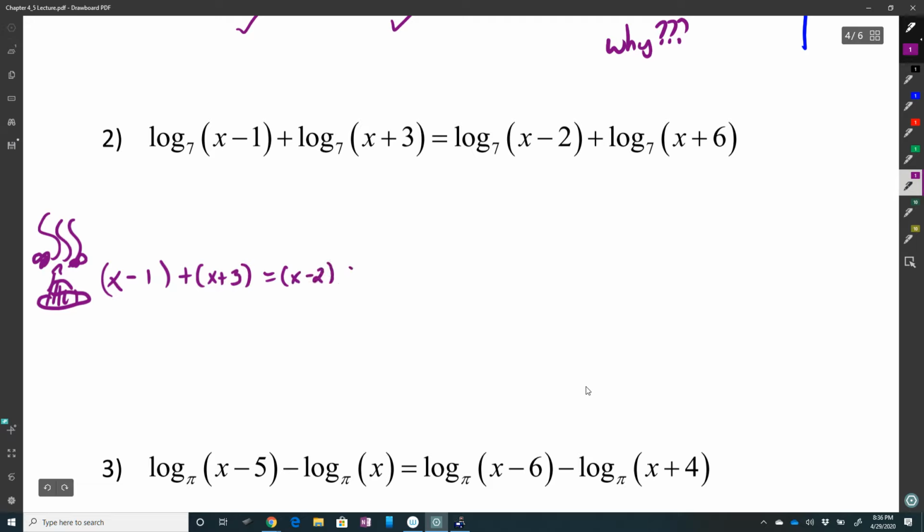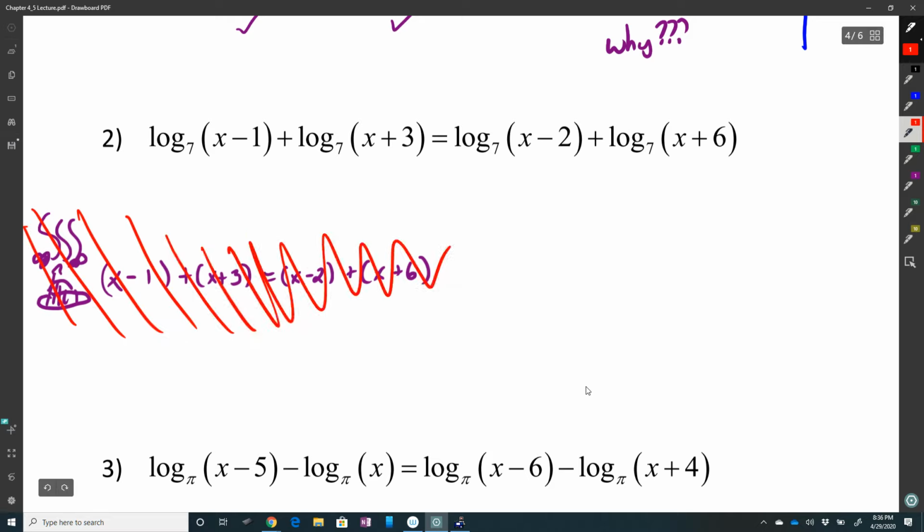On multiple choice exams, there's always an answer where we show this as the solution, and there's always someone that picks it, and I cry on the inside. So this right here is extremely wrong. You can't drop the logs. The reason is there's not one log on each side. There's 2 logs on each side.